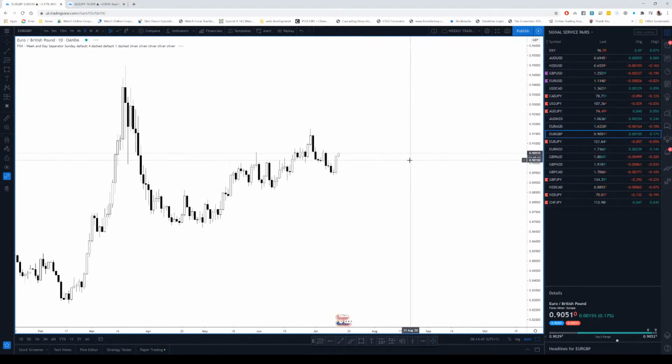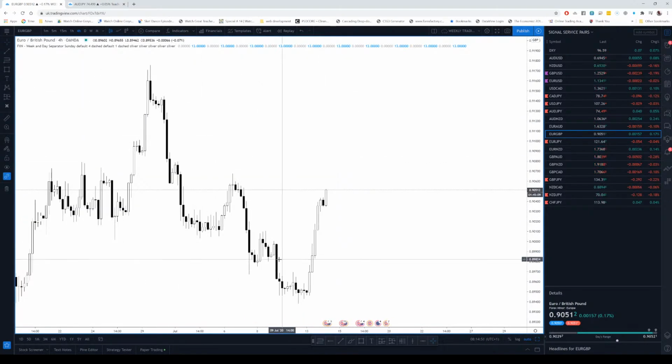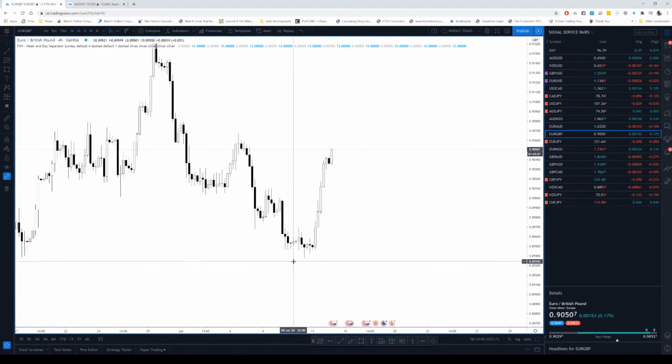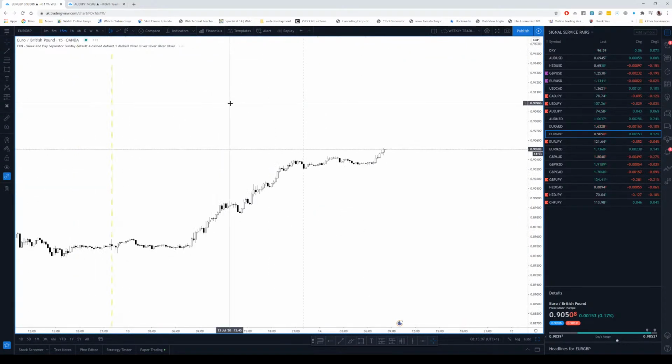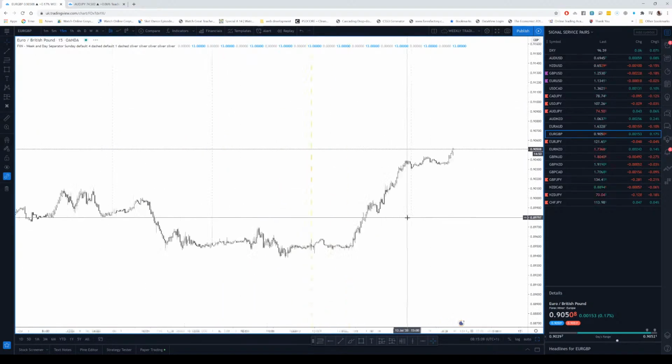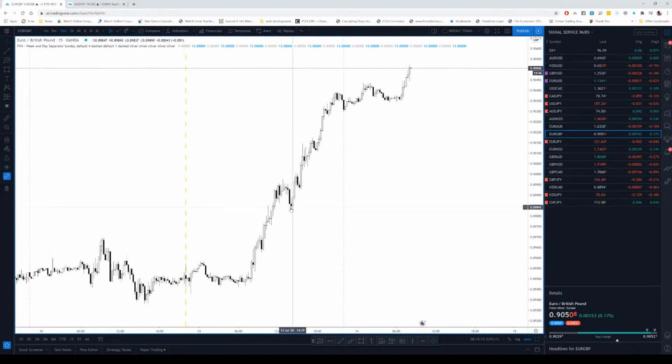Yesterday I was expecting on the 4-hour for price to respect this level and then give me a run back down. But when price got there, it was too strong for me to consider that, so I mentioned the 15 minutes, because it did create a short-term swing low right here, this low.